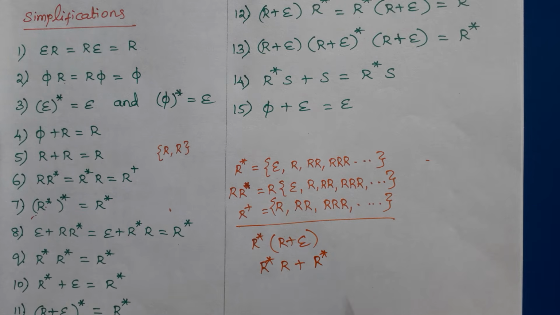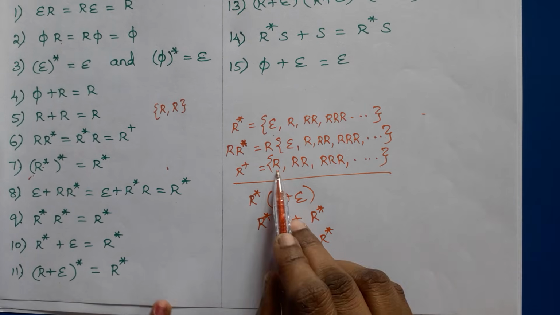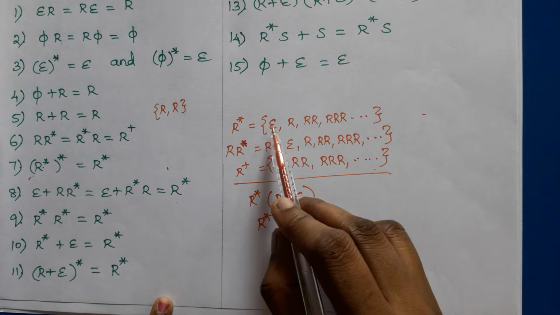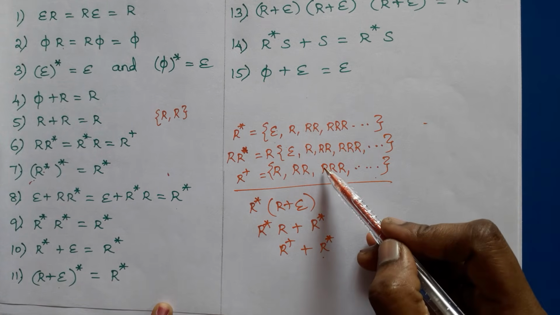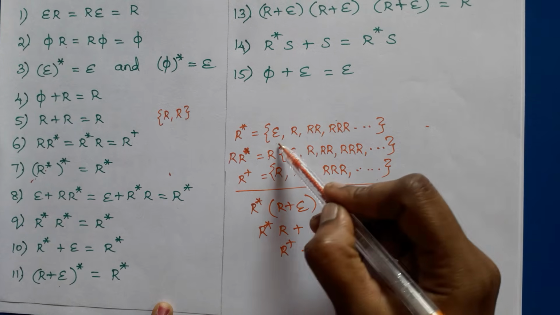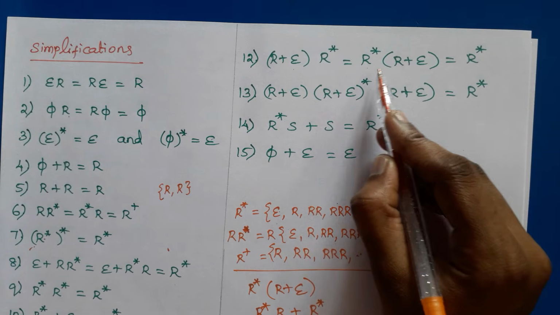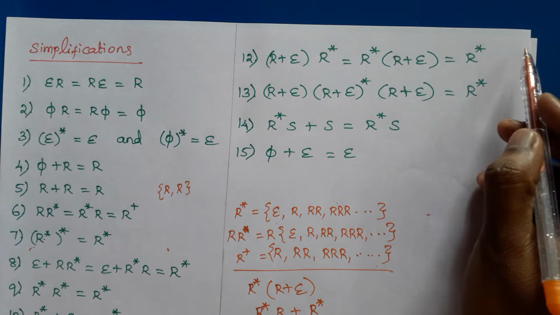Because epsilon is an identity element during concatenation, and we know that R star R is R plus. So R plus union R star. R plus means it has any number of R's except epsilon. R star will have these any number of R's including epsilon. If you perform union operation of these two, we will get R star, right? Epsilon and any number of R. So R plus epsilon concatenated with R star is equal to R star, and R star concatenated with R plus epsilon means we will get R star.